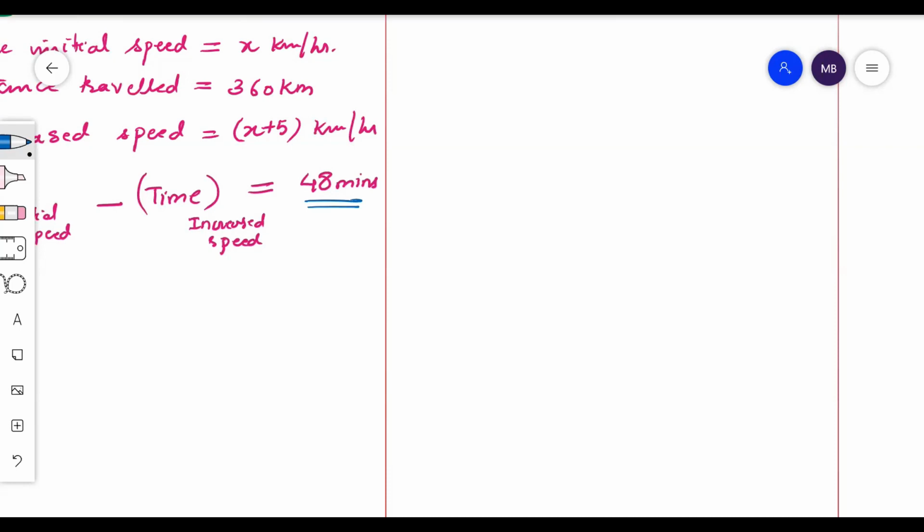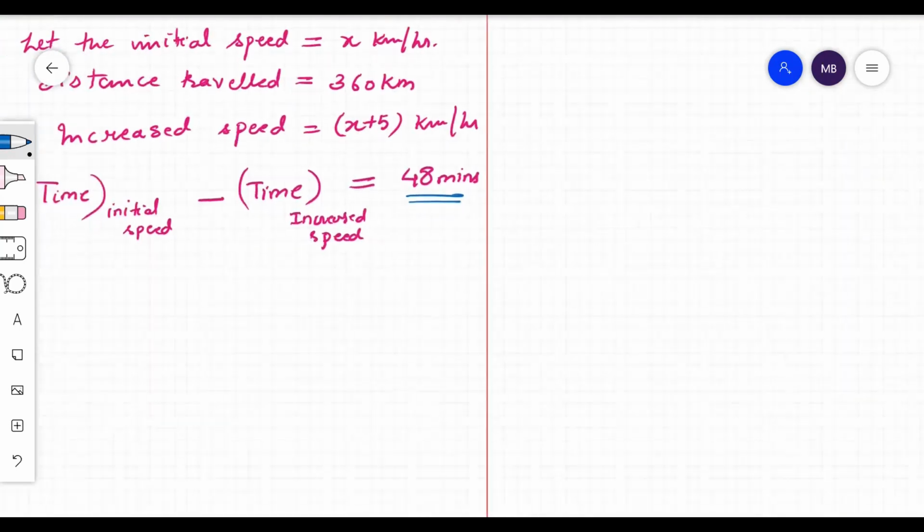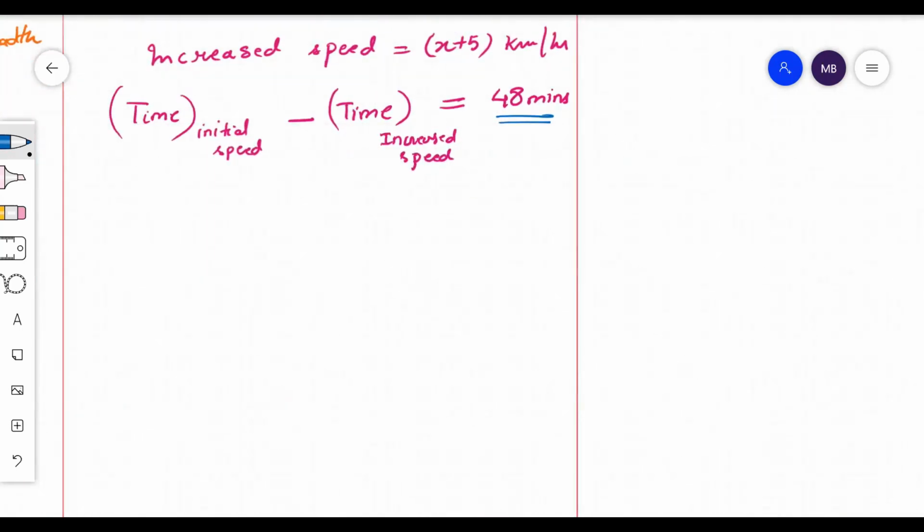How do you convert minutes into hours? Just divide it by 60, and you will get the number of hours. Now what is the formula for speed? Speed is always equal to distance upon time. So can I say that time is equal to distance upon speed?